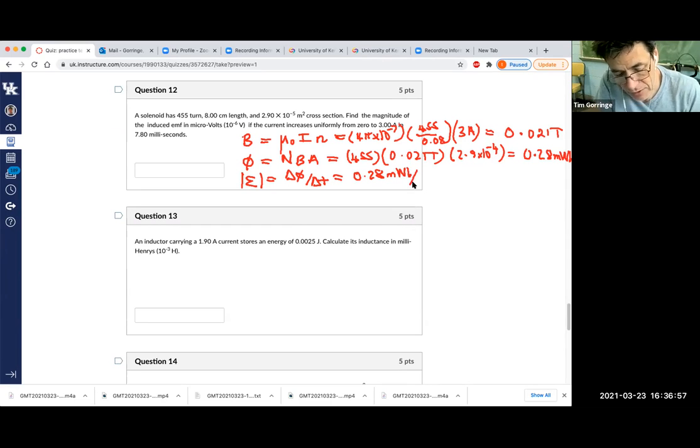The elapsed time is 7.8 milliseconds. And so 0.28 divided by 7.8 is equal to 0.036 volts. And so that's the induced EMF in a coil of wire.